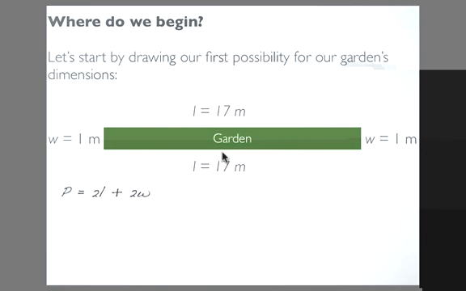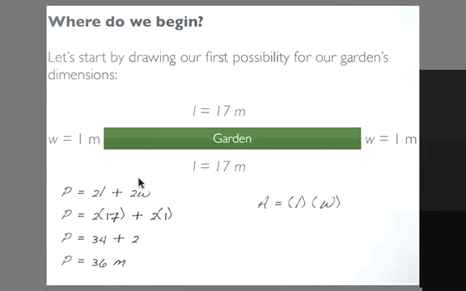P is equal, in this case, to 2L, because we have 2 lengths, plus 2 widths, or 2 times W. P in this case is 2 times 17 plus 2 times 1. 34 plus 2 gives us a final answer of 36 meters. So indeed we have used all of the fence possible.